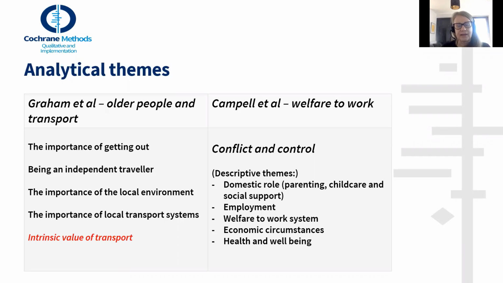What Graham et al. highlighted, and this particularly came out of their interpretive work involving policymakers, was, across these themes, the idea of this intrinsic value of transport.